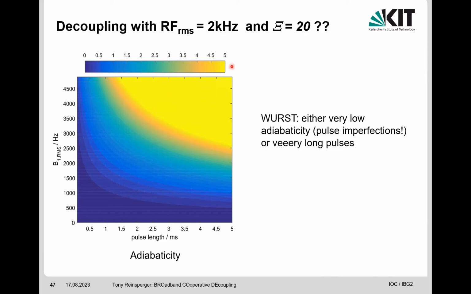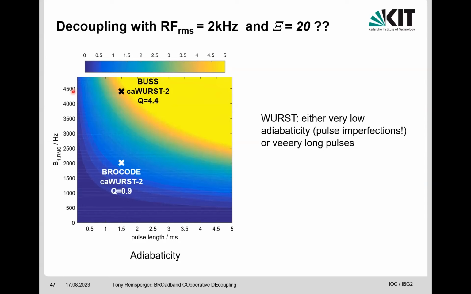The lower it goes, the worse the pulse performance, meaning it's not really a 180-degree pulse anymore, and you get all kinds of artifacts. 4.4 is the quality factor of a constant adiabaticity Wurst pulse and also these BUS sequences. We're about here. They are 1.5 milliseconds long, but we need pretty much 4.4 kilohertz RF amplitude on average.